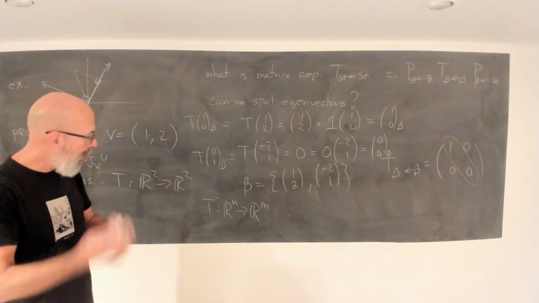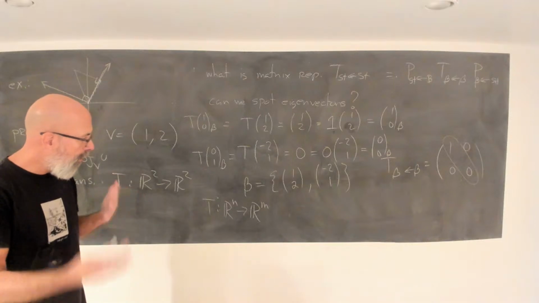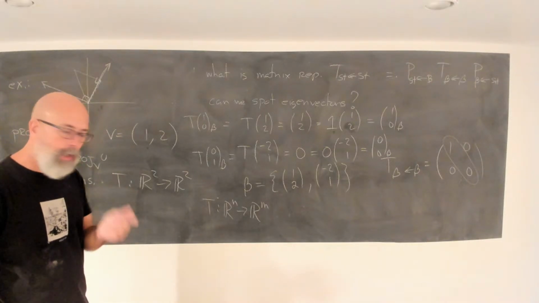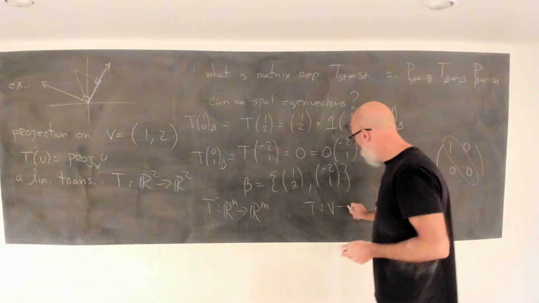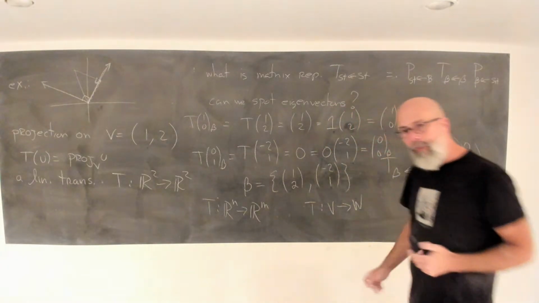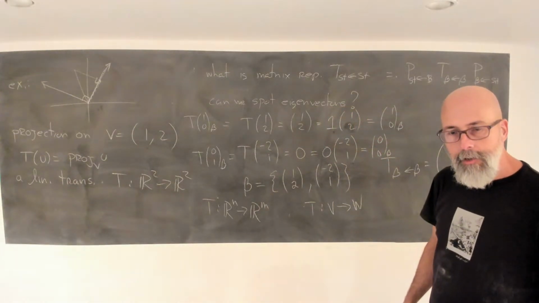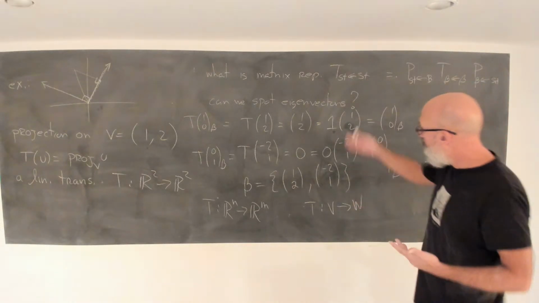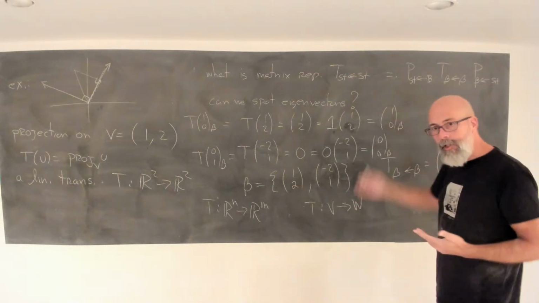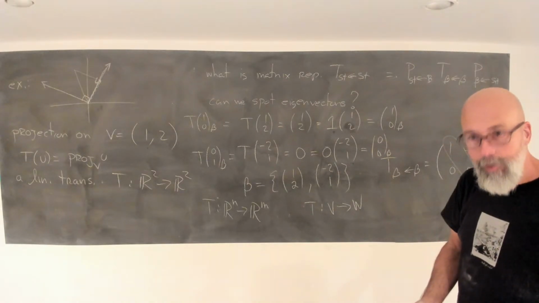And multiplication by a matrix is a linear transformation, so they're equivalent reformulations. What if you're going from a finite dimensional vector space to another finite dimensional vector space? This idea of change of basis extends to that as well.